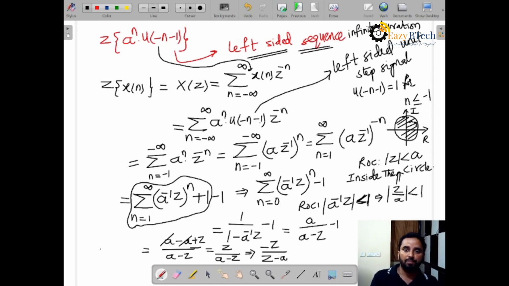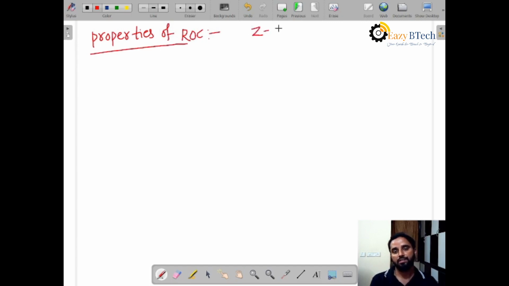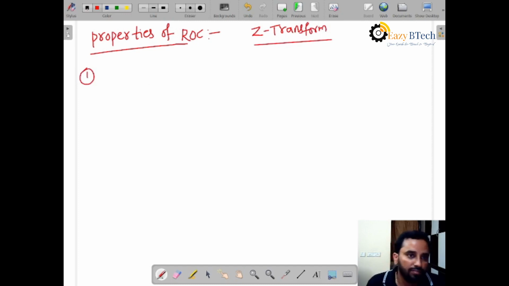Now I am going to write the properties of ROC. Very, very important in Z transform. We have properties of ROC in Laplace transform also, but now I am telling about Z transform.